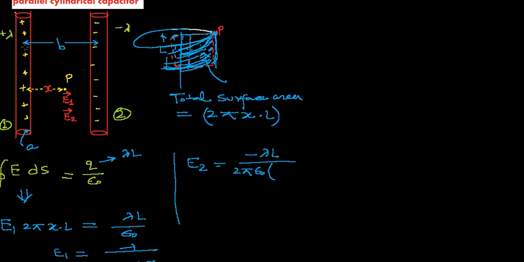The total distance is b, so b minus a will be this distance. We need to calculate this distance. It is b minus x, not a, b minus x. You put it here, b minus x.